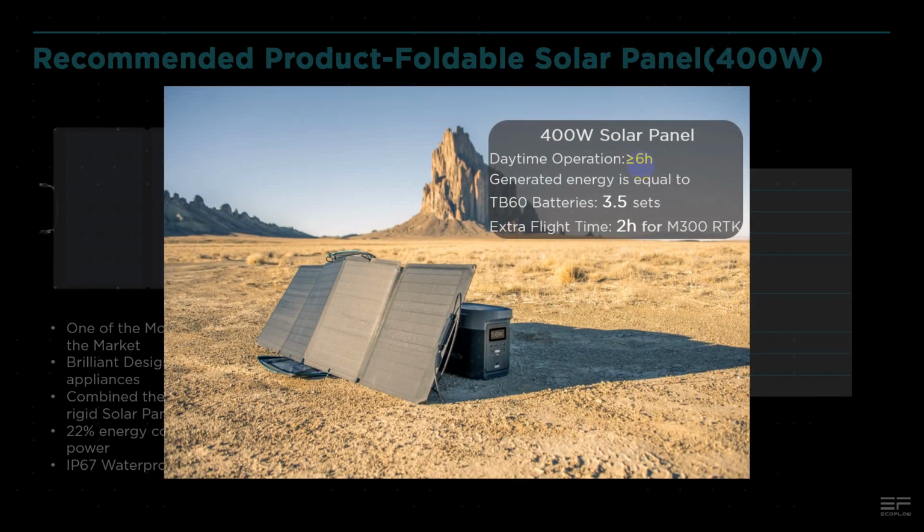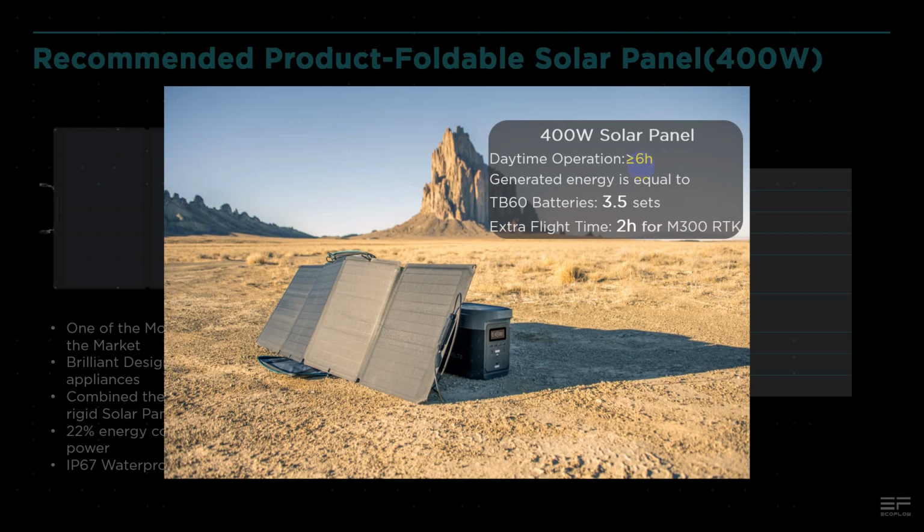Why did I choose this product as the recharge method? Because the geospatial operation always works in no man's land. So collecting the solar power during the daytime and generating electricity is the best choice.